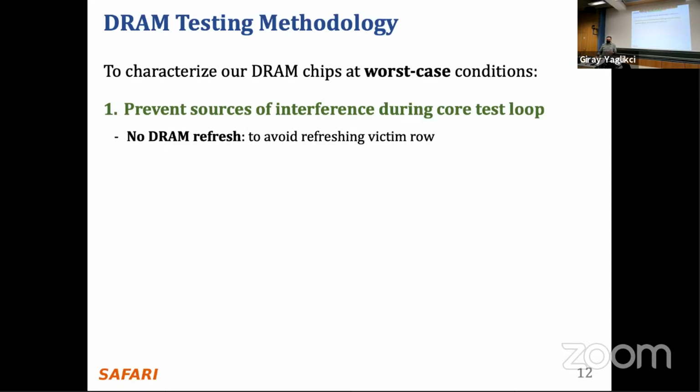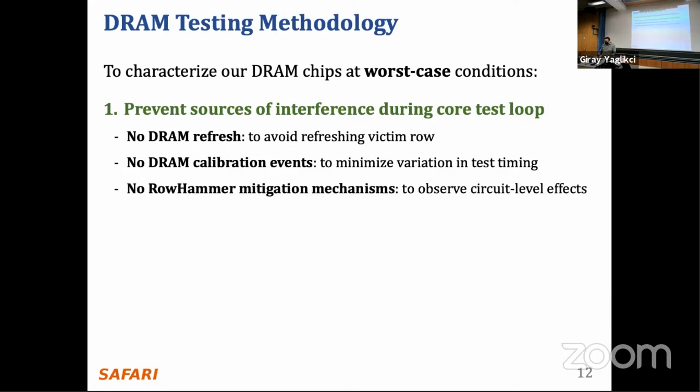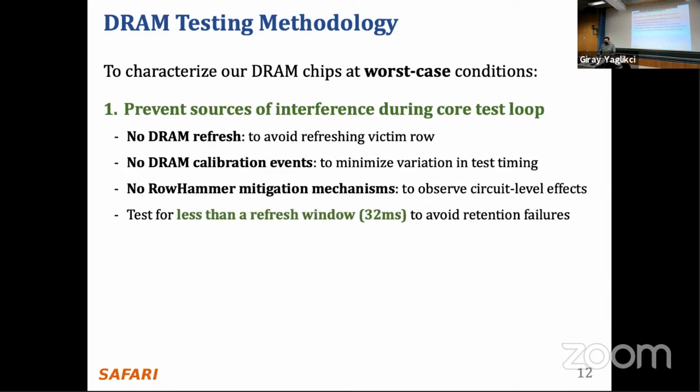In essence, we actually disable whatever on-die TRR mechanism is implemented in the chip. We also disable DRAM calibration events so that we have precise timing in our DRAM commands. And as I said, there are no RowHammer mitigation mechanisms.